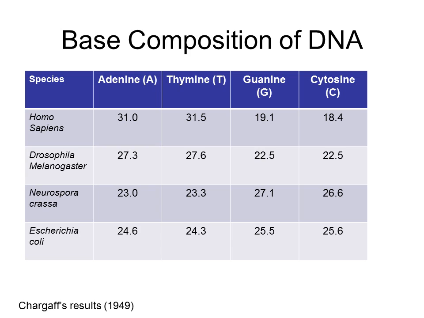So for instance, when he looked at Homo sapiens, which are people, he was able to determine that there was 31% adenine, 31.5% thymine, 19% guanine, and approximately 18.5% cytosine.